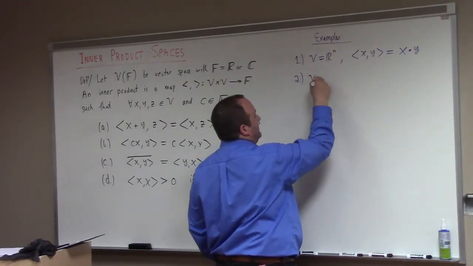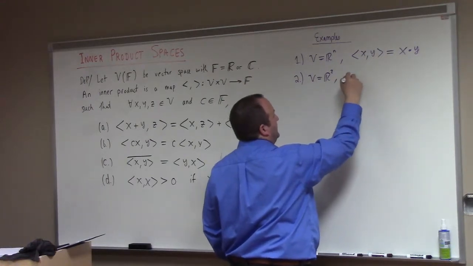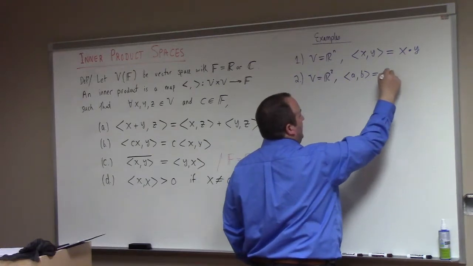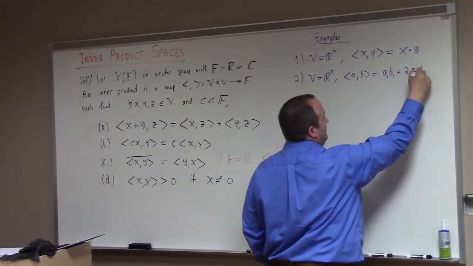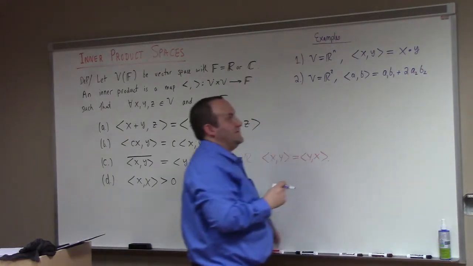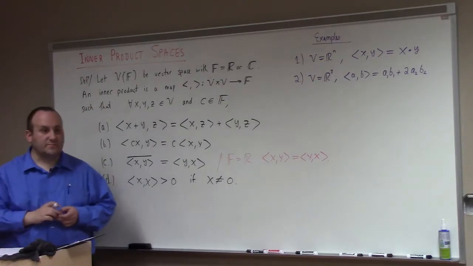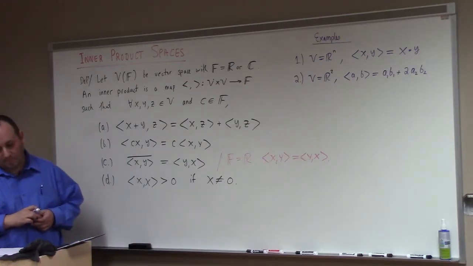You could take V equals R2, and you could define the inner product of, say, vector A and vector B to be something like A1 B1 plus 2 times A2 B2. This would also define an inner product on R2. You could check these axioms. You'd get all of the necessary ingredients.